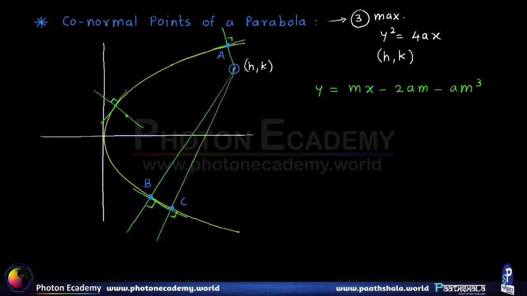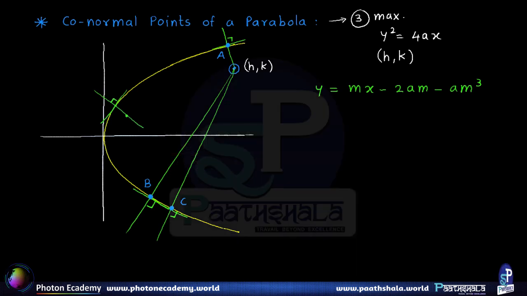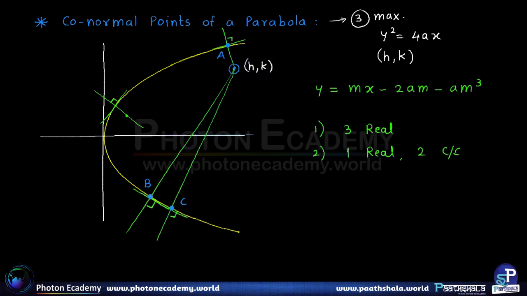And from the theory of equations, we know that for a cubic equation, either we can have all 3 real roots, or 1 real root and 2 complex conjugate roots, that is, the 2 roots involving imaginary quantities. This is what connects to the normals shown here on the left side.